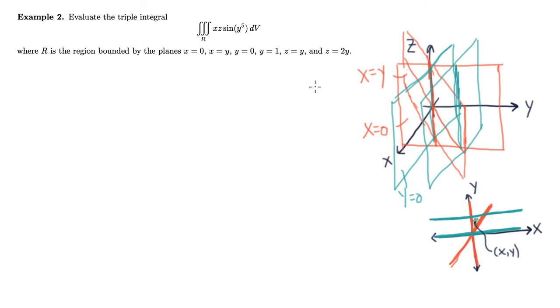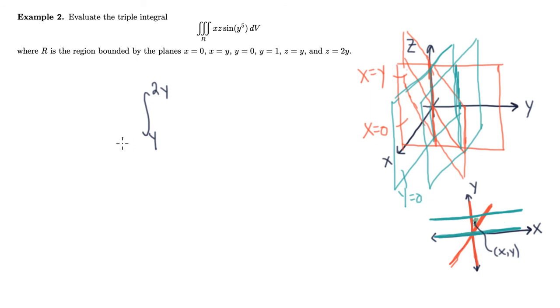So z equals y is going to be on bottom, and z equals 2y is going to be on top. So if we look at the innermost integral, then z is going to go from y to 2y. And that's going to be for any fixed xy in this little bounded triangle right here.